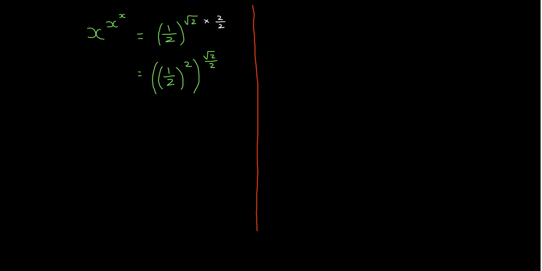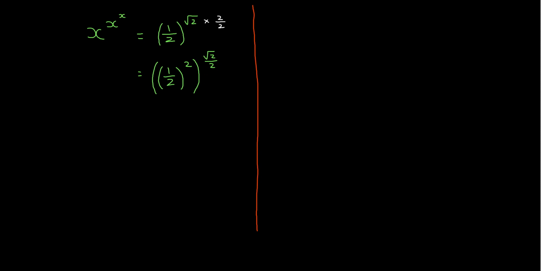And you can verify for yourself that's the same thing, because I've got 2 root 2 on 2 here, and you can also see this 2 here and this 2 here. When I multiply these two indices together, they just cancel out, and it'd still just be 1/2 to the root 2.